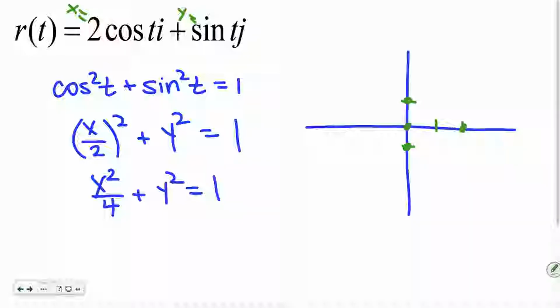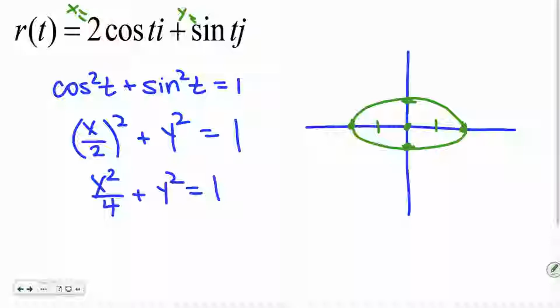Horizontally, we go out 2 because x squared's denominator is 2 squared. Vertically, we go out 1 because y squared's denominator is 1 squared.